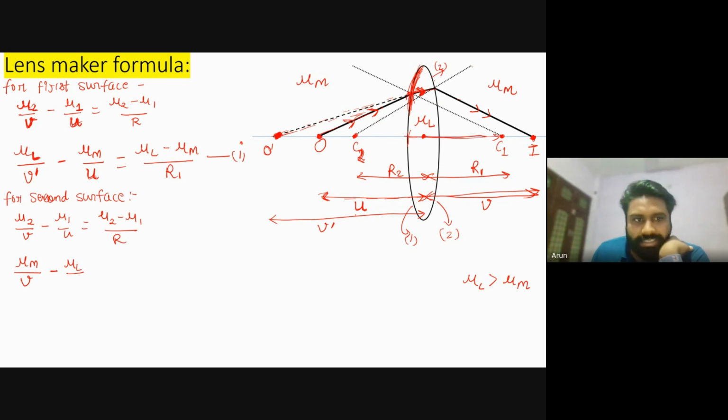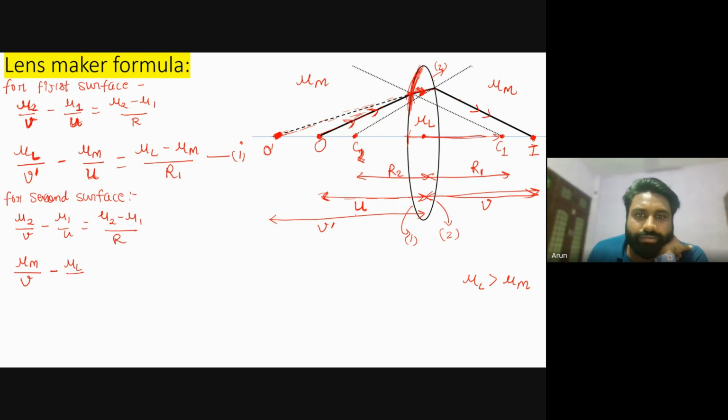u is nothing but the object distance. Now, for the second surface, what will be the object? Is it O or O dash? Tell me in the chat box. For the second surface, what should be the value of object distance?